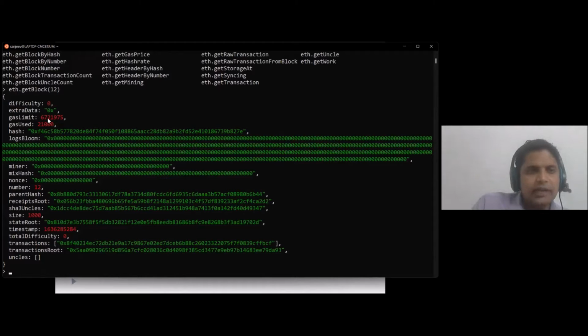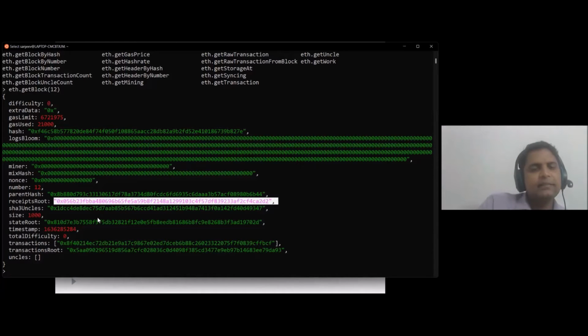It also contains the data. What is the gas limit? What is the hash of the block? This is extra data, which is where logs are usually stored. This is the miner. Here, this is my private blockchain network, so the miner is always 0, and the nonce is something. What is the block number? What is the parent block's hash? The receipts root. All these things are similar to what I saw.